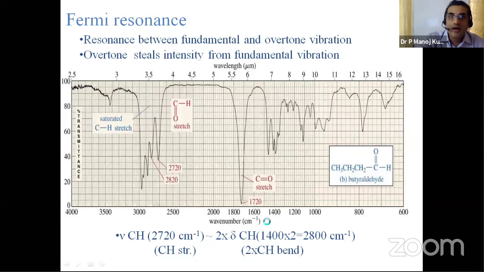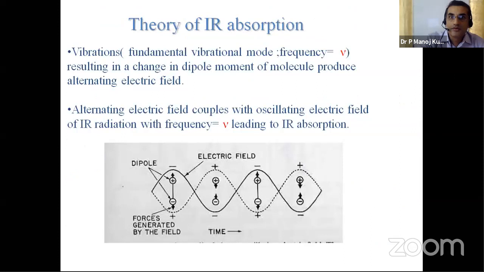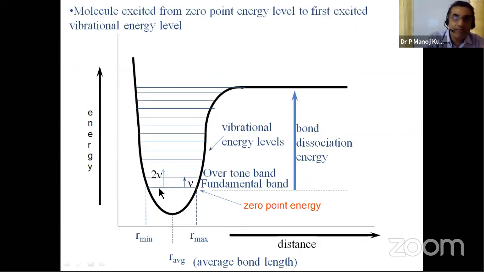Previously, we explained about overtone. So what is an overtone? If a particular bond is vibrating with a particular frequency, and an IR radiation comes with double this frequency, it can absorb that too.